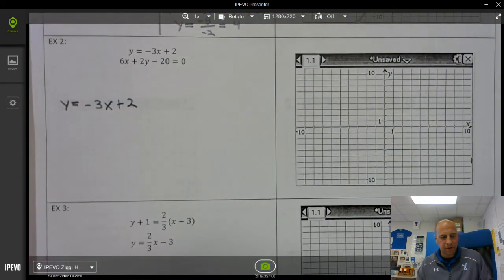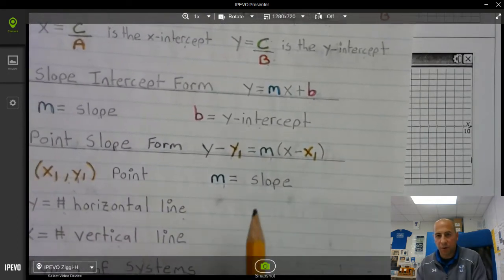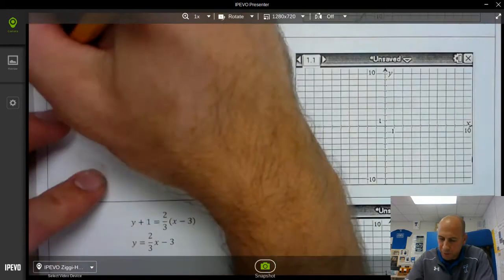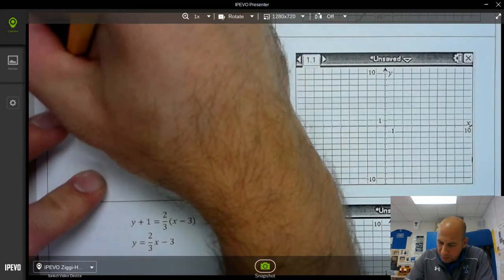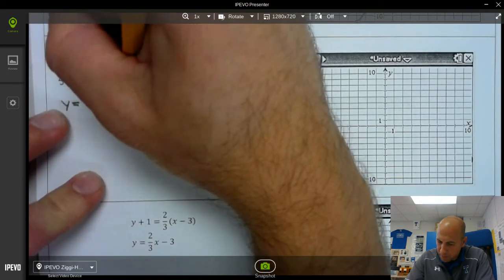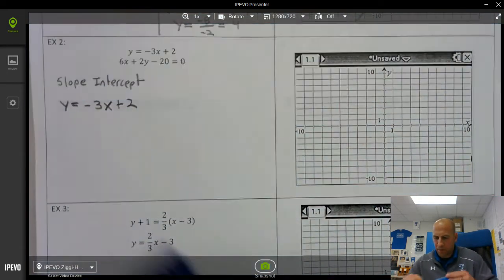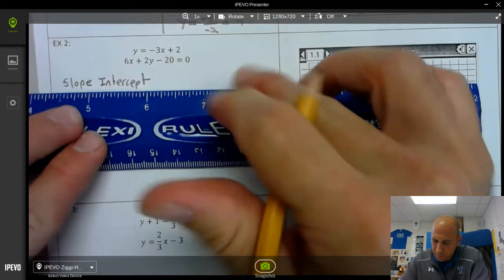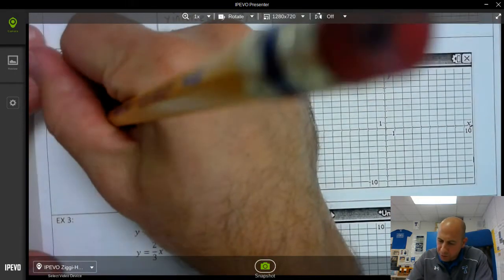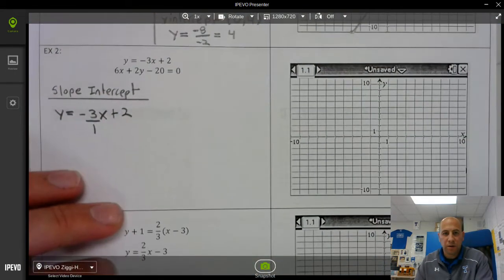Now we can see here that that's in slope-intercept form because we have y equals mx plus b. So that's slope-intercept. All right, but remember slope is always a fraction, so we're going to divide that by 1.